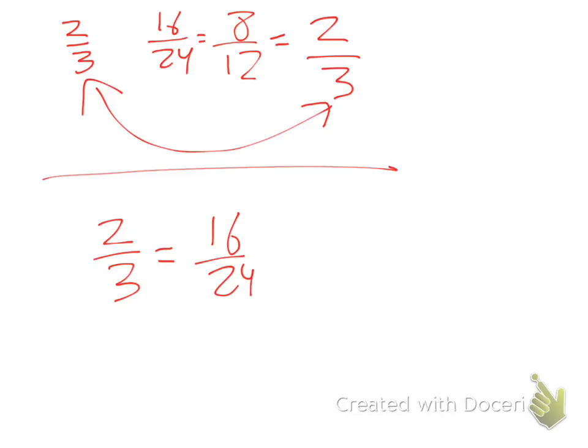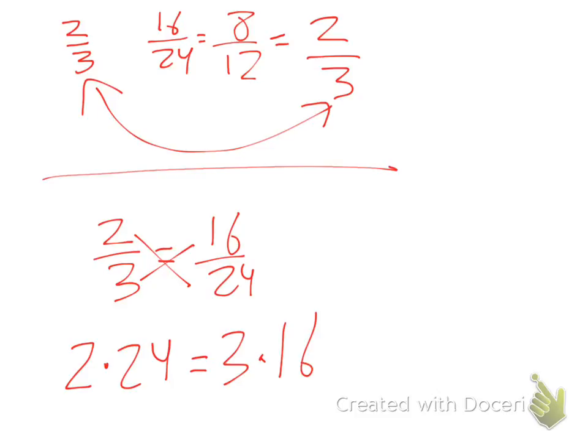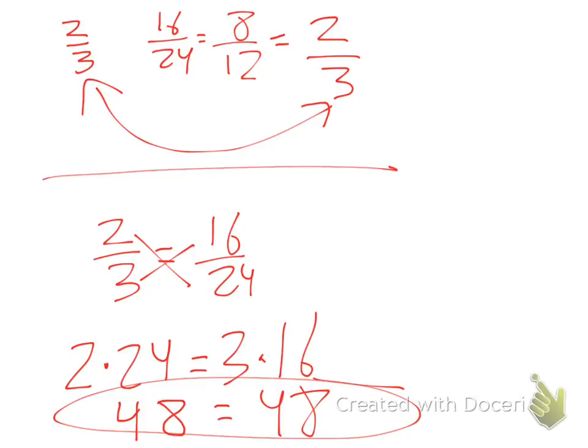So what I can do now to prove that they are equivalent is cross multiply them. So I can do 2 times 24, and that will equal 3 times 16. What's 2 times 24? 48. 3 times 16? 48. They are the same. If they are the same, then they are equivalent ratios. If they're not the same number, then they were not equivalent.